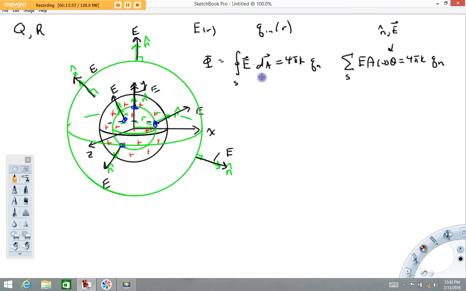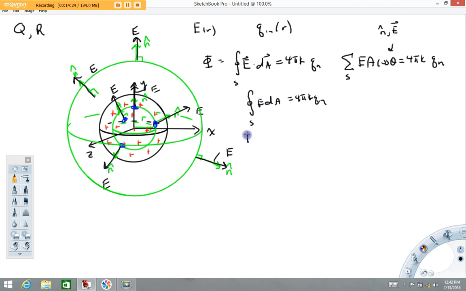So the E dot dA is magnitude of E, magnitude of dA, cosine of the angle between them. Well, again, the angle between them is 0, cosine of 0 is 1, so we just get E times dA. There's no reason for the electric field to vary on the surface of this sphere, so by the symmetry, the electric field should be able to come out in front of the integral.